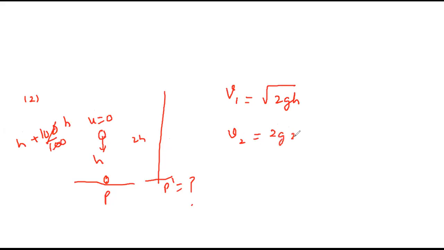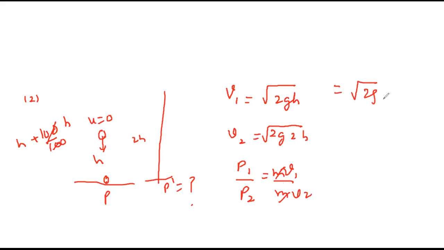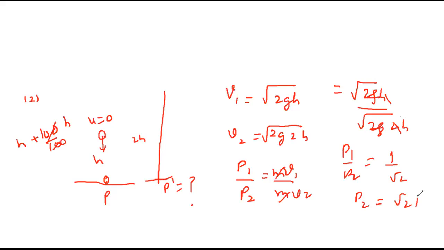So it is 2g 2h. So momentum of first upon momentum of second is mass into velocity, which is root of 2gh upon root of 2g 2h. 2g you can cancel, h you can cancel. We get p1 upon p2 is 1 upon root 2. Then p2 is root 2 times p1.